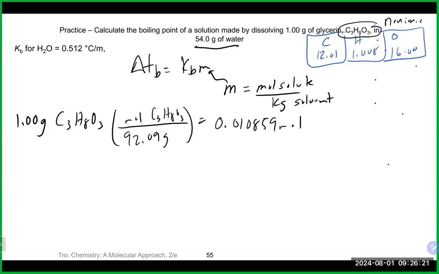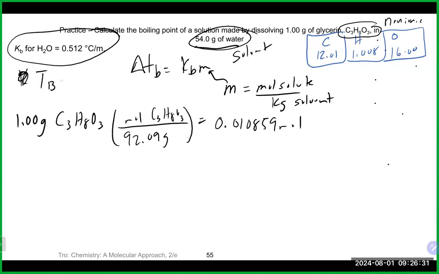Going to give us 0.010859 moles. Now, this water obviously is our solvent, which is why, again, we looked it up on the table. And we also know that normally the temperature where this boils is 100 degrees Celsius. So we do need to convert our solvent into kilograms so that we get the molality.